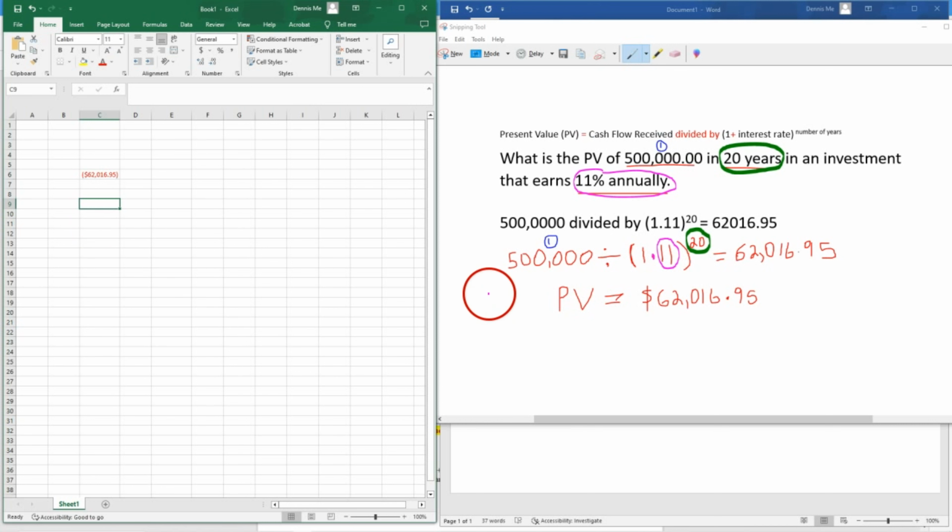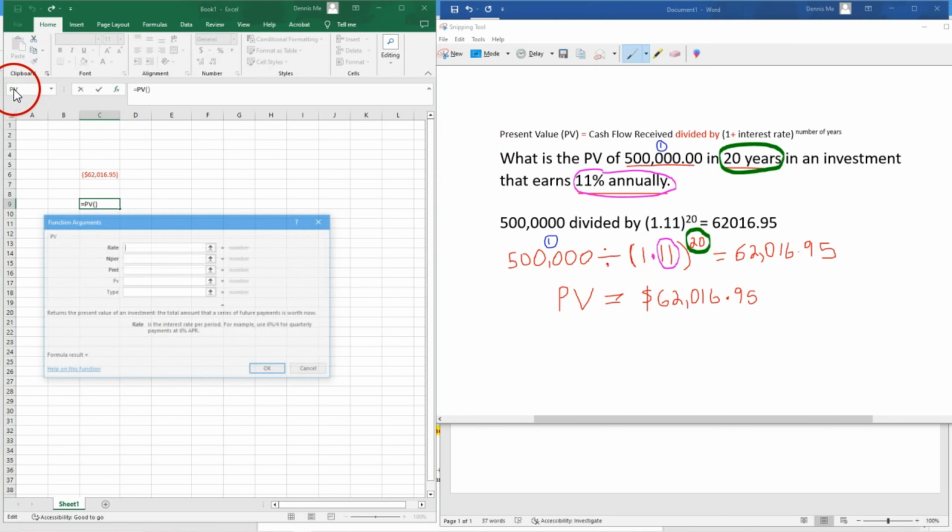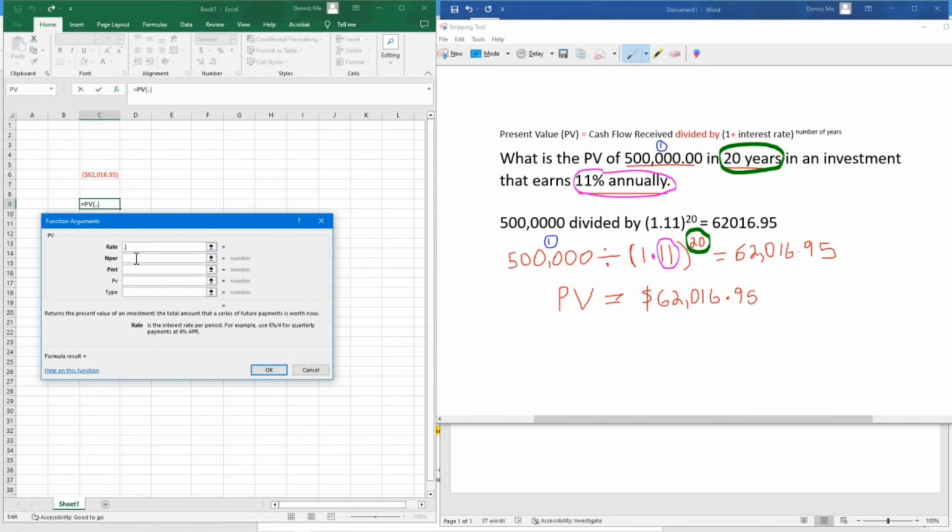All right, let's do this exercise again. Instead of putting $500,000, I'm going to change that to a negative, just so you can see. Don't be confused about whether it's positive or negative. Again, we press equal, select PV. The rate is 0.11 for the 11%. The number of periods, 20 for the number of years.